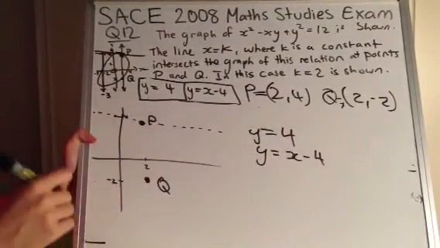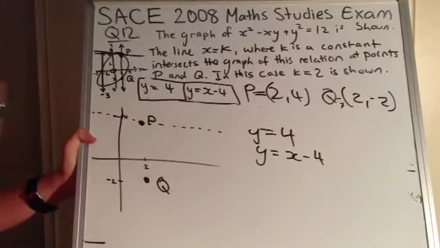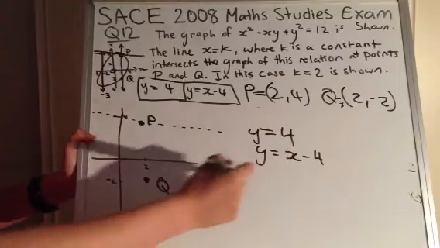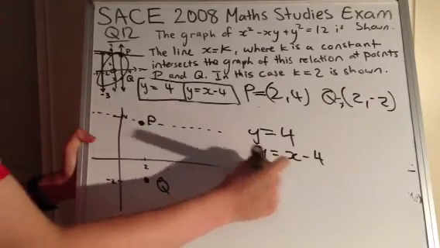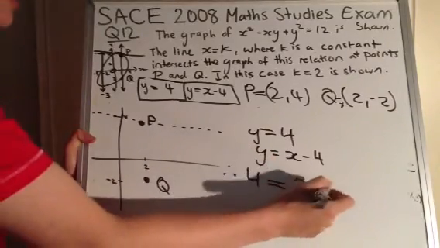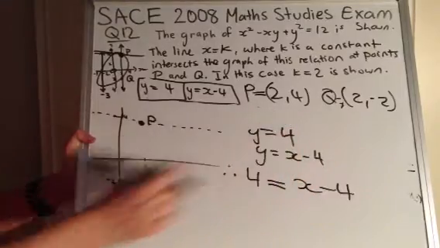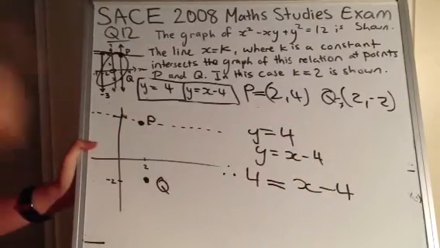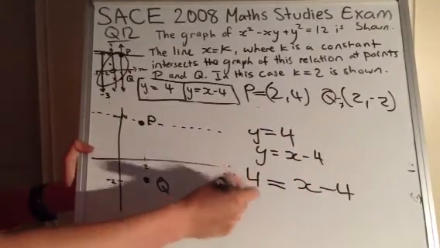And we know from linear algebra that if we set them equal to each other and find a common x-coordinate, that would be the point of intersection. So therefore, 4 equals x take 4. I've set the 2 functions equal to each other, and I'm going to find a common x-coordinate.